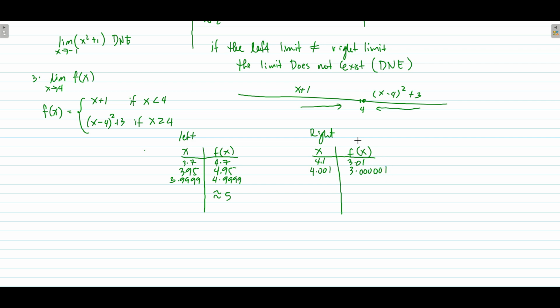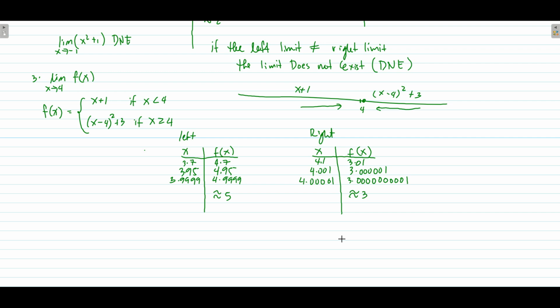Pwede kayo mag-calculator, and we have 4.00001. That's going to be 3 point, madaming zero. So roughly, as we get closer and closer to 4, the right limit will give us 3.